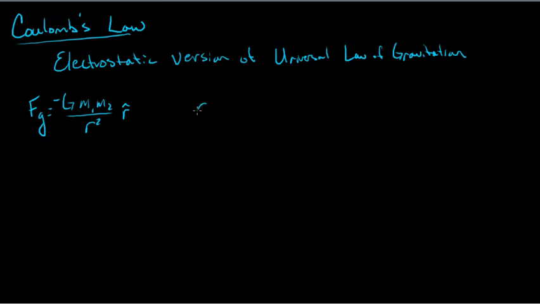If you have a massive object here and a massive object here, and that's r, the force is in the negative direction of that vector. So the distance from the middle of one to the middle of another, and the force is actually pulling back in the other direction.